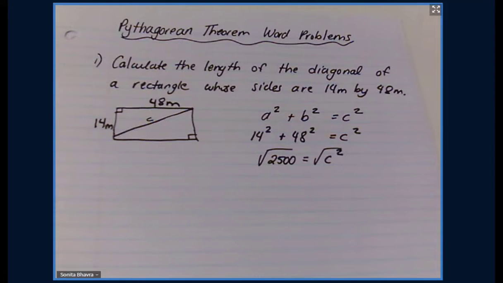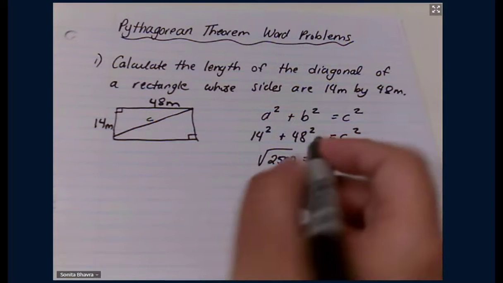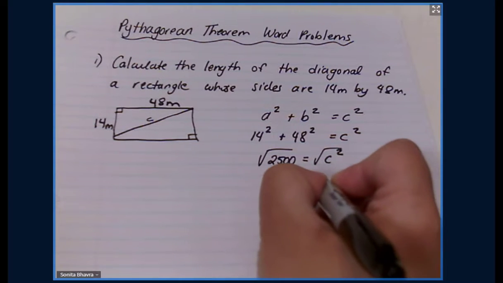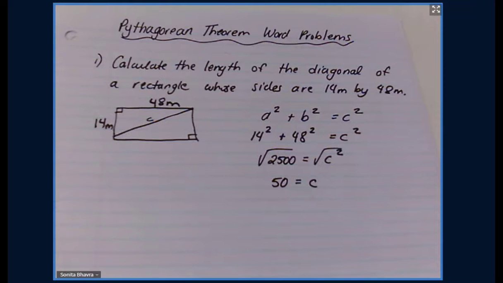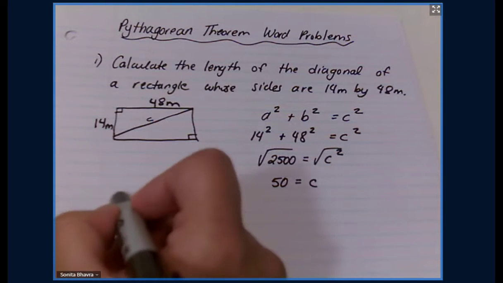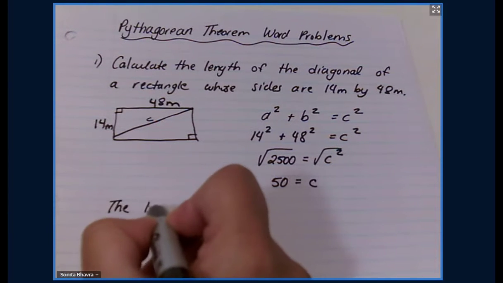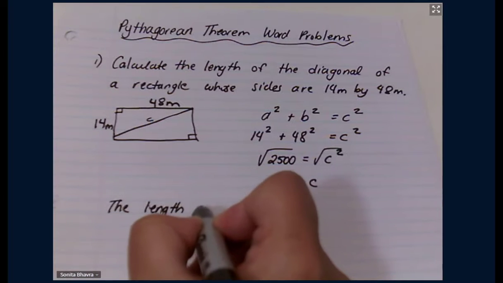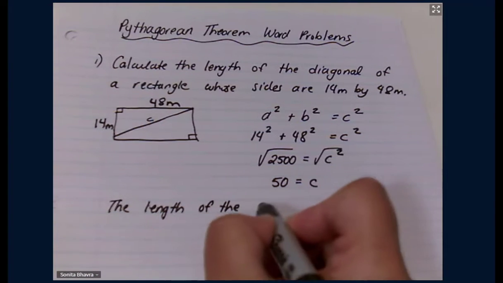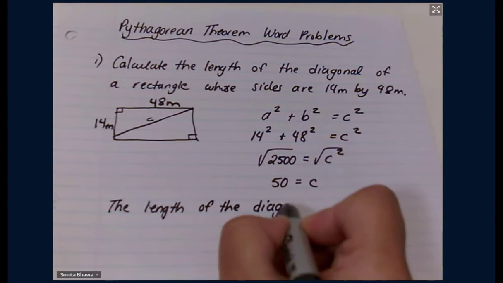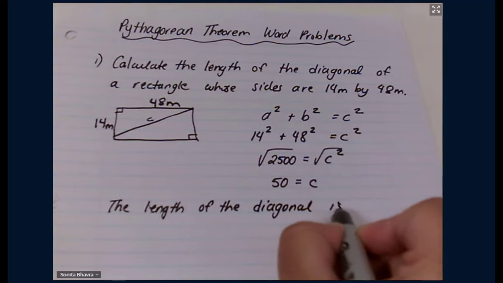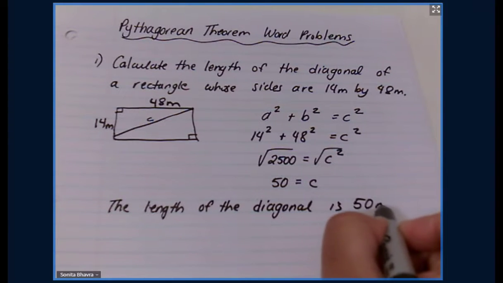So the square root of 2500 is 50. So 50 is equal to c, and that is our diagonal. So lastly, you could just write your statement here, which is the length of the diagonal is 50 meters.